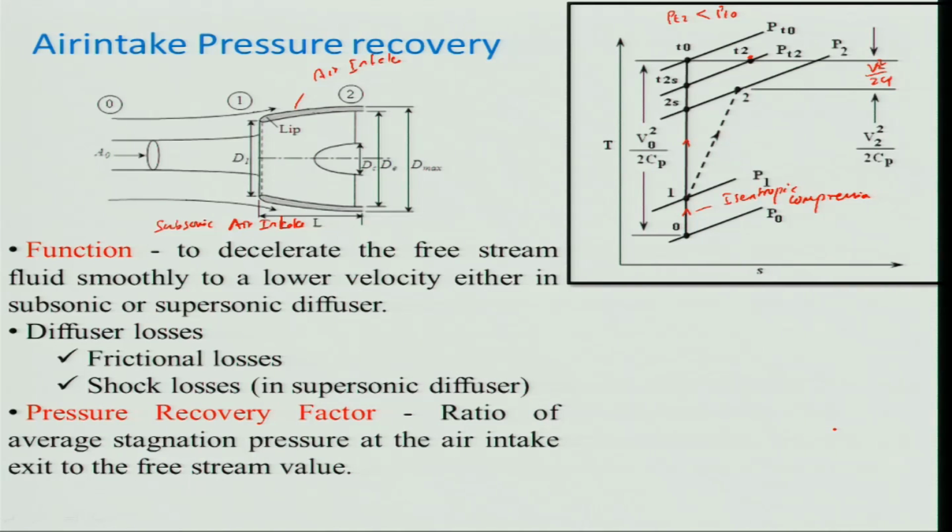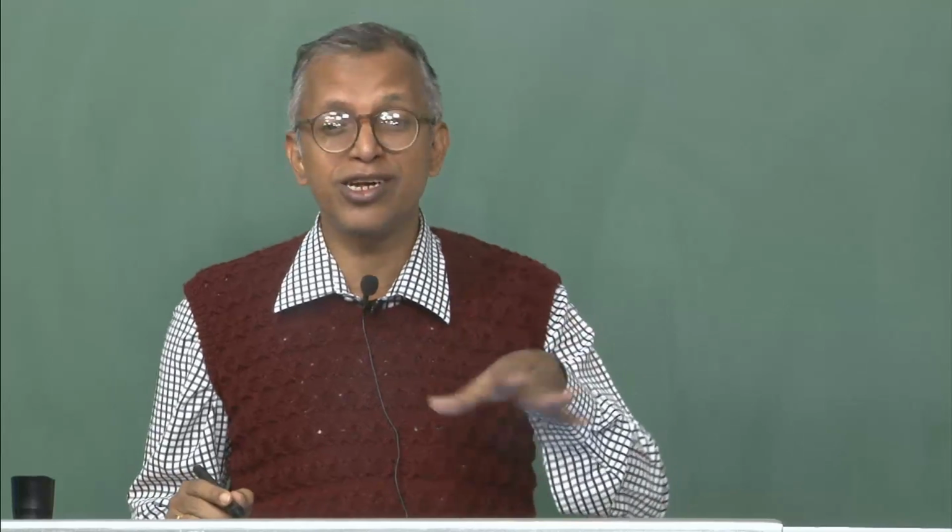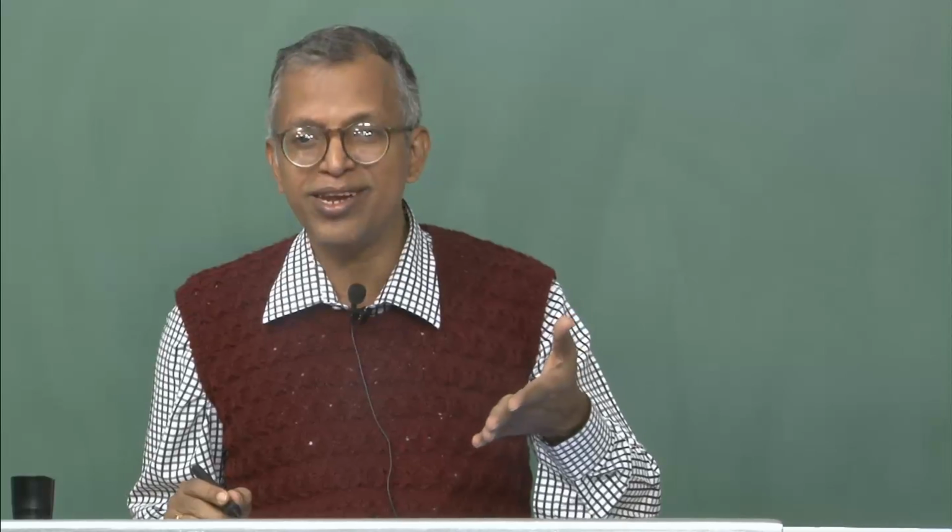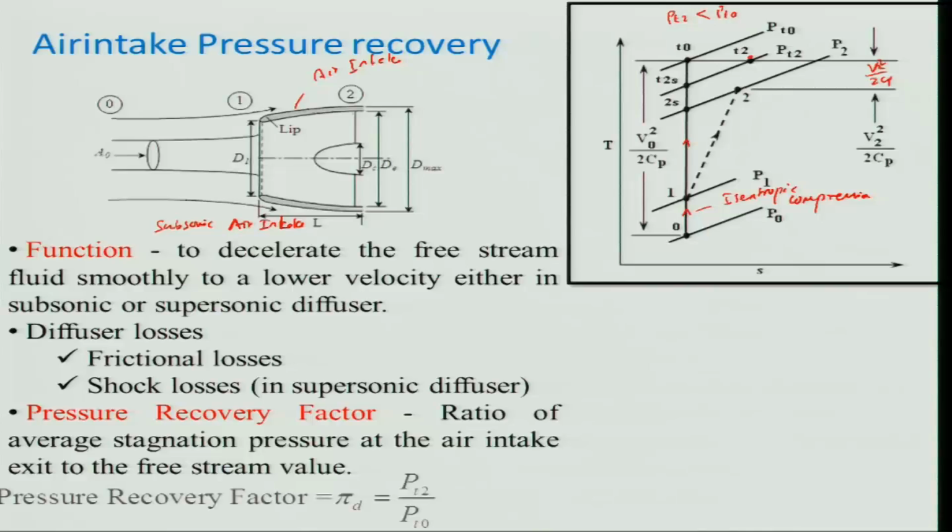Why average? Because at each point it may be changing. So, I need to take the average in a real situation. Here we are considering the flow to be one dimensional, in a real situation flow can never be one dimensional, so I will have to take average values. Therefore, Pt2 divided by Pt naught is nothing but the pressure recovery factor, pi d.